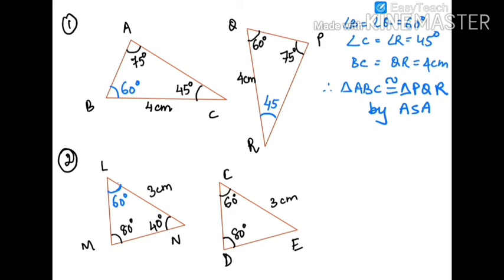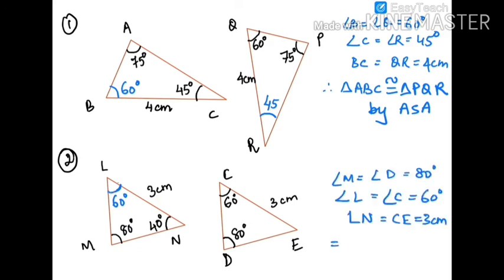This means that these two triangles are congruent by angle angle side. So triangle LMN is congruent to triangle CDE by angle angle side.